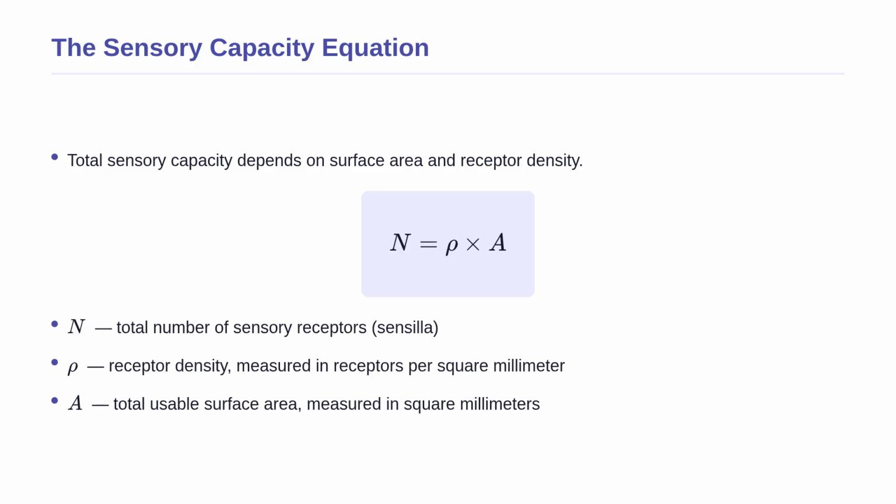The Greek letter rho represents the receptor density, meaning the number of receptors per square millimeter. Finally, A is the total usable surface area of the antenna. Physically, if the surface area A increases, the total number of receptors N increases dramatically, giving the insect a much stronger sense of smell.